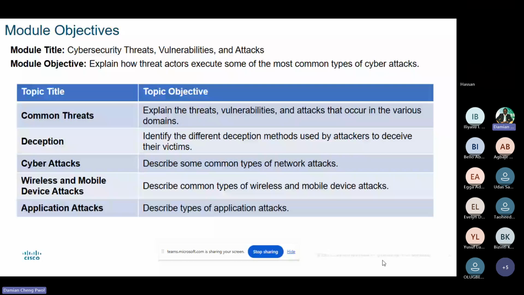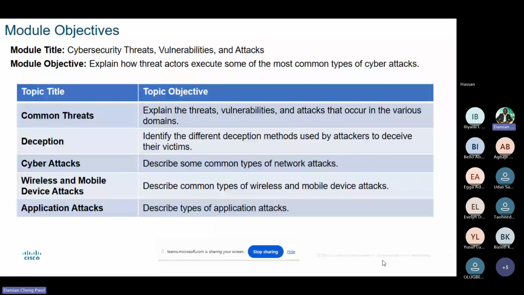If you look at the two columns, the first one is the topic title, the second the topic objective. Common threats: explain the threats, vulnerabilities and attacks that occur in the various domains. Deception: identify the different deception methods used by attackers to deceive their victims.